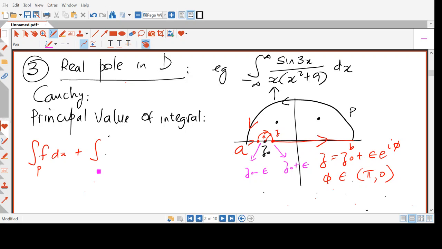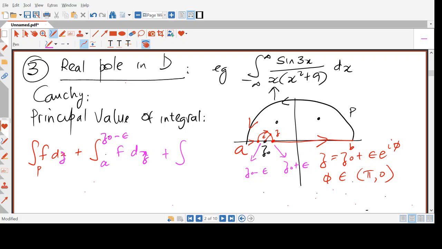So we can go from a to z0 minus epsilon of f dz. So let's use z here, since we're using z0.